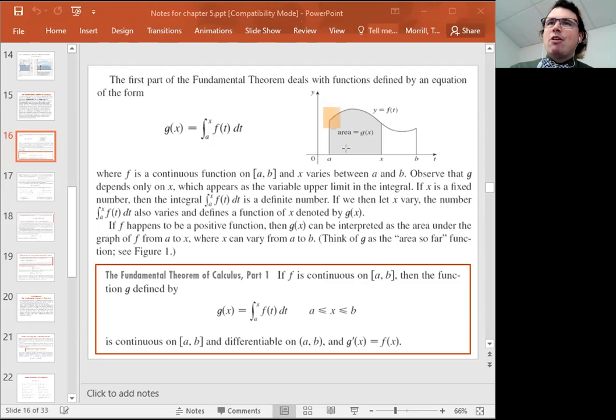So it should make sense that my area function grows faster when my function that I'm integrating has a very large y value. It should increase slowly if the y value of my integrand is small, or it could even decrease if the y value of my integrand is negative. So the rate of change of my area function is completely determined by the graph of my integrand.